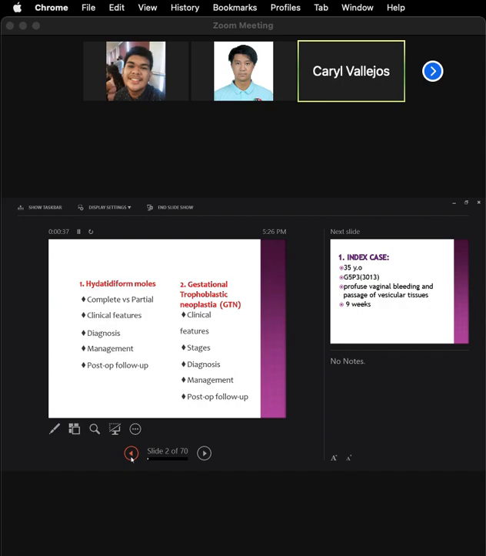In the gestational trophoblastic neoplasia, we will also tackle the clinical features, the stages, how you would diagnose GTN, the management, and the post follow-up.